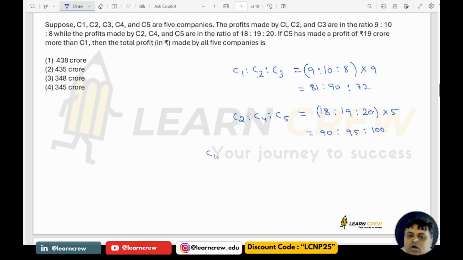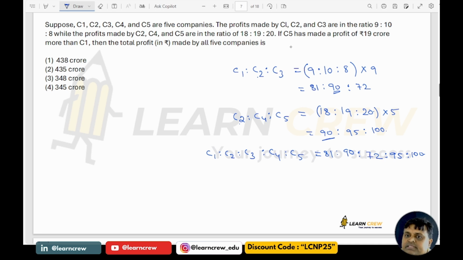So from this you got C1 is to C2 is to C3 is to C4 is to C5: C1 is 81, C2 is 90 in both cases, C3 is 72, C4 is 95 and C5 is 100.